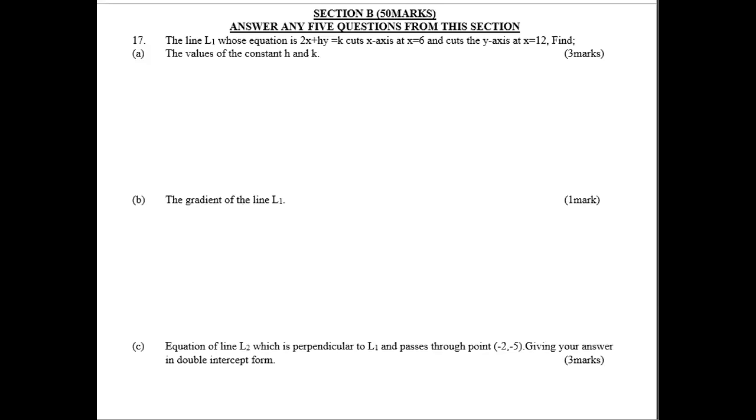The equation is y equals negative 2x plus 12, right? Yes. So if you want to rewrite in the form they had given us, 2x plus hy equals k, the form will be 2x minus y equals 12. Yes, you are right.